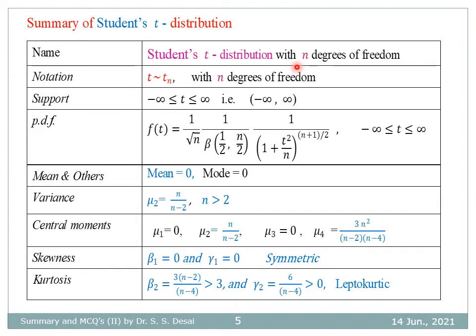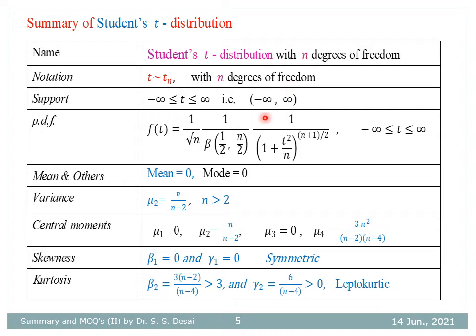It is defined as the ratio of standard normal variable z to the root of chi-square with n degrees of freedom divided by n, which is the T variate with n degrees of freedom. Now the notation for T distribution is T follows T distribution with n degrees of freedom.